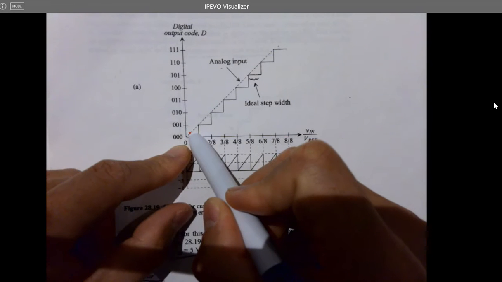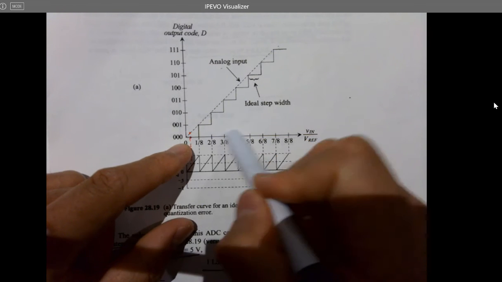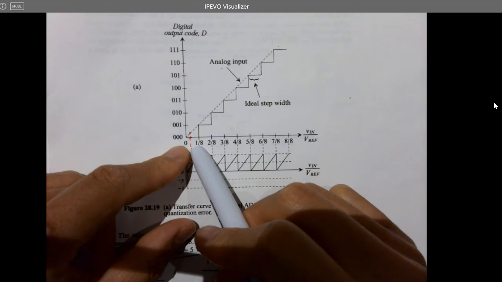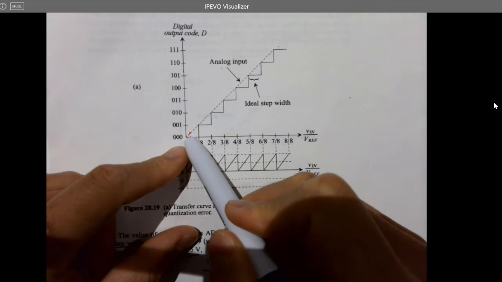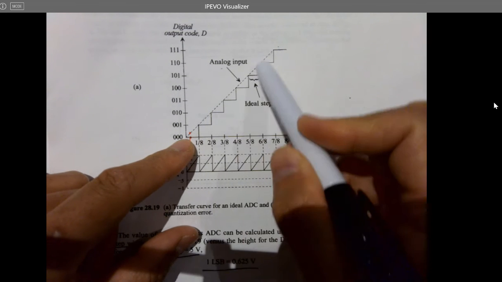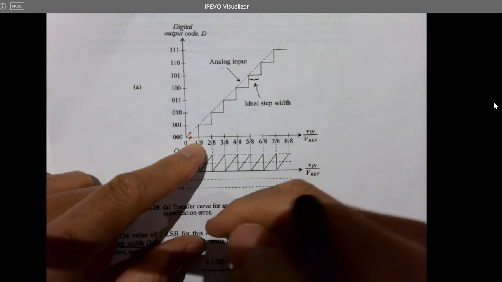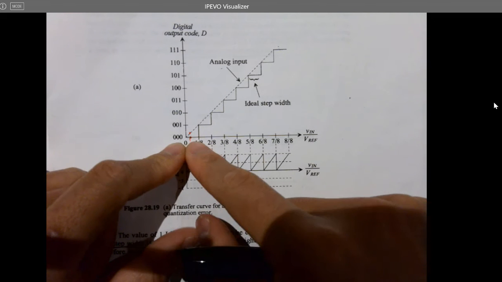If you have a better ADC with more bits or higher resolution, then you can imagine that there will be a lot of points on the x-axis, so smaller steps compared to these huge steps. So you can resolve smaller changes. This is not ideal, definitely, but we can find out the errors for this one.